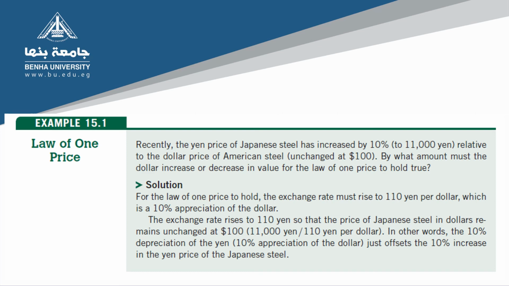In other words, the 10% depreciation of the yen, which means a 10% appreciation of the dollar, just offsets the 10% increase in the yen price of the Japanese steel.